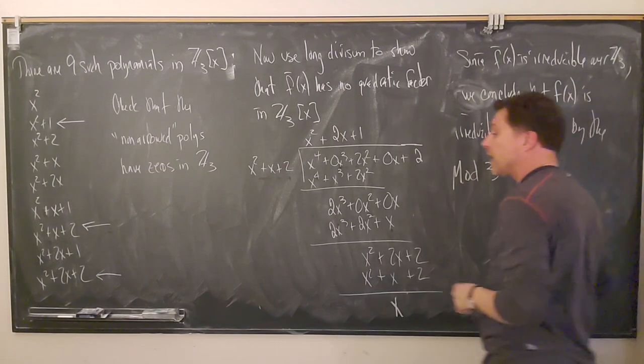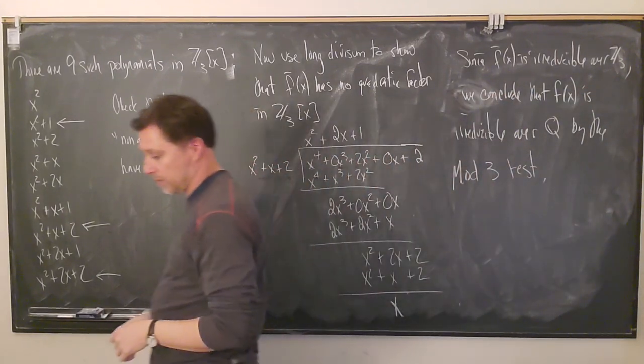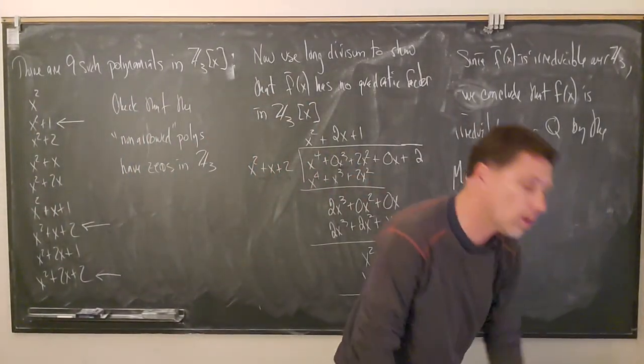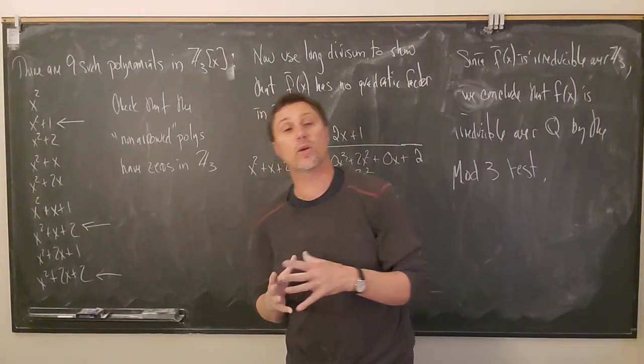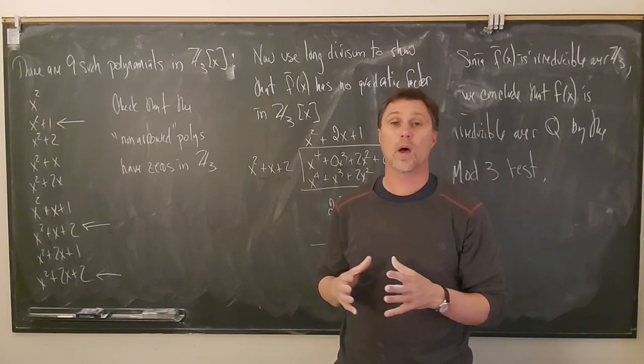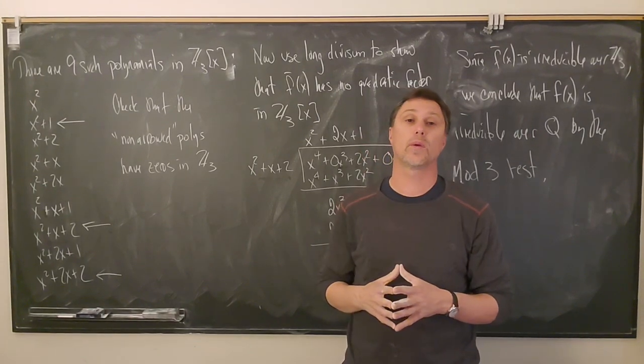So that's the idea. If you can find a prime number p such that f bar is irreducible over Zp, then you can conclude that the original polynomial is irreducible over Q. Okay, so that's a good place to stop. We will pick up with this next time.